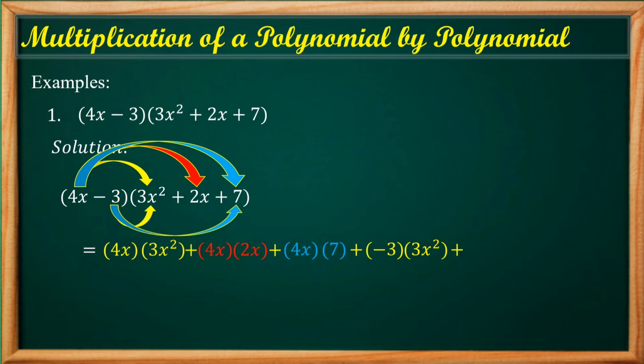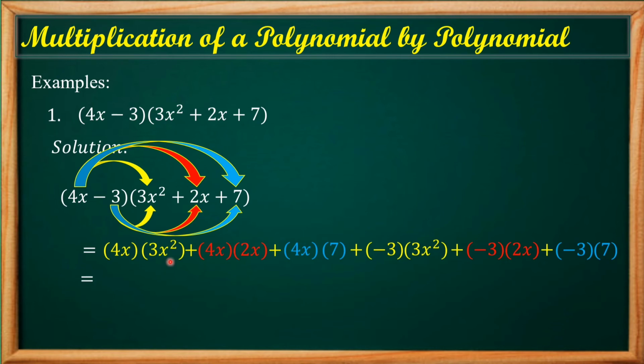Plus, again, you will have here negative 3 times 2x. Then the last part is negative 3 times 7. Ayan siya. Then multiply all na pwedeng i-multiply. Okay. 4 times 3. Ito siya na part.